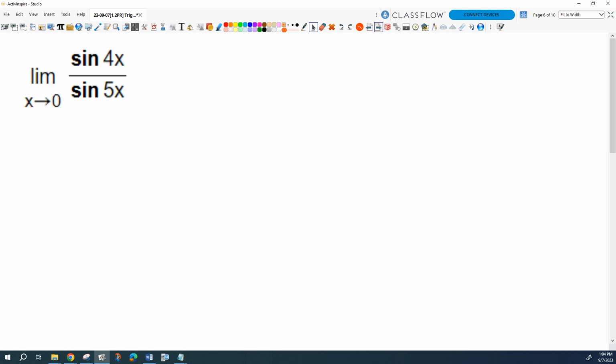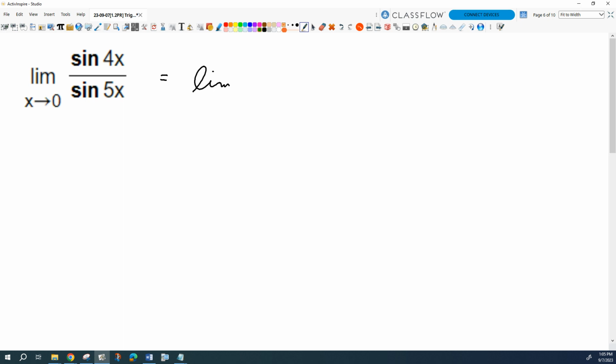What do you think? Take a second and look at that one. What am I going to do here? Suggestions. That doesn't really look like my pattern, does it?